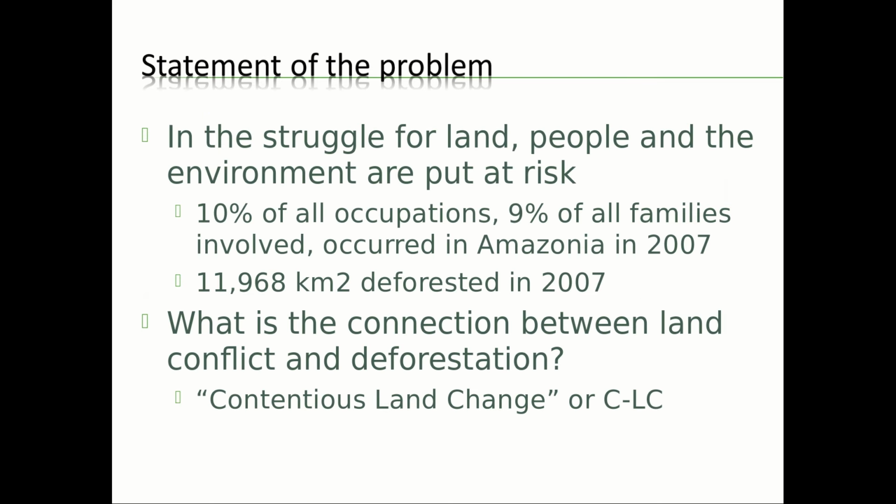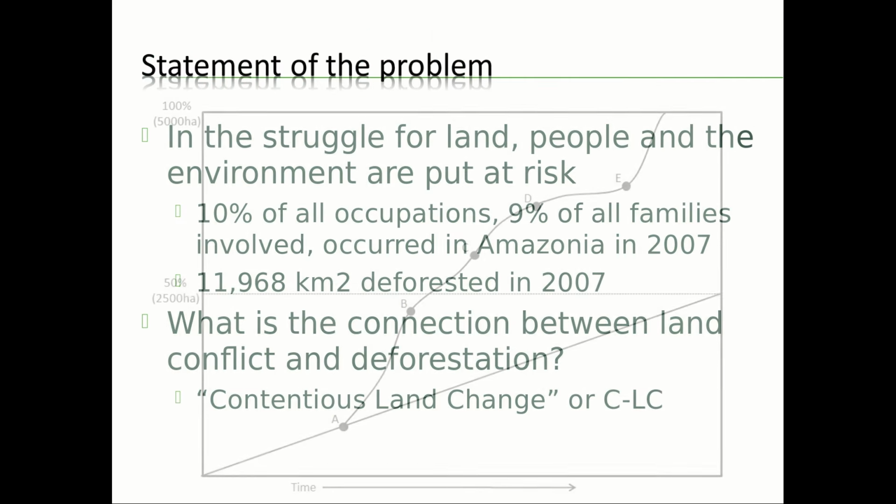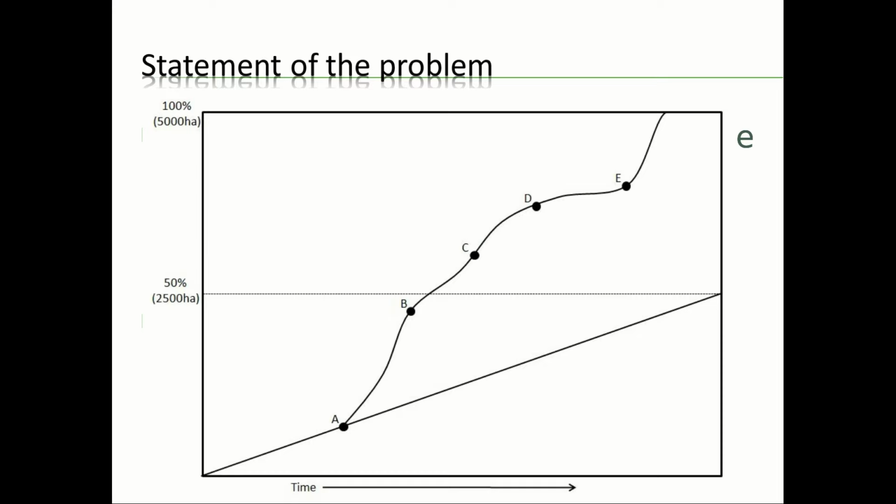When I say occupations, I mean this. I mean a group of people literally invading a piece of land, and that's a pretty common strategy among many social movements in Latin America that are agitating for land reform.